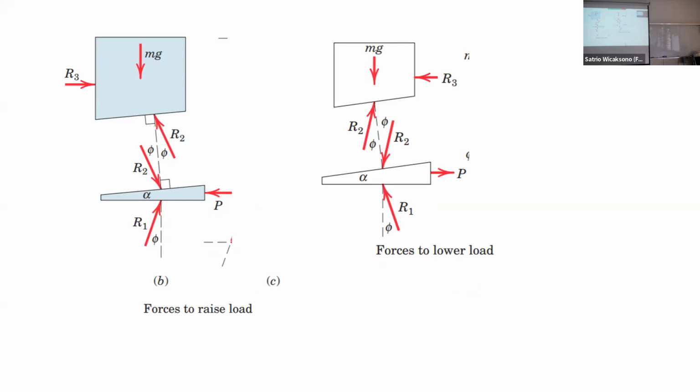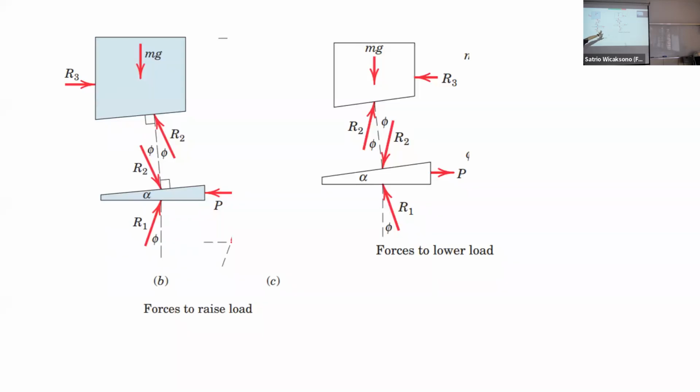So this is it, to lower the load. We have a friction force here because we have a normal force, and then we have P there. If we take the resultant of NG, FG, NW, FW, we can get it like this.